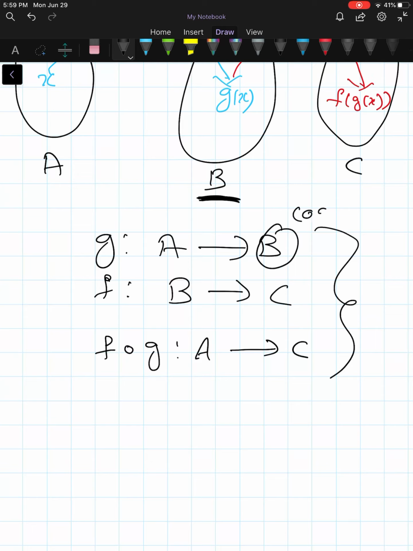So this is the codomain of g and this is the domain of f, and the composition will go from the domain of g to the codomain of f.